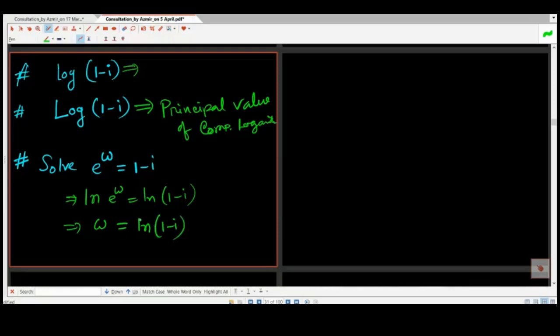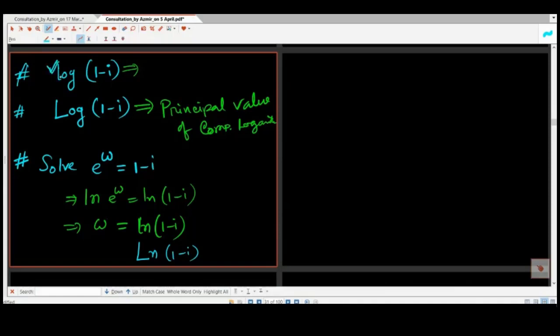So we can say natural log of 1 minus i or log of 1 minus i are the same thing. From here, we can also find the principal log. So that's why you have to know all the alternative notations.